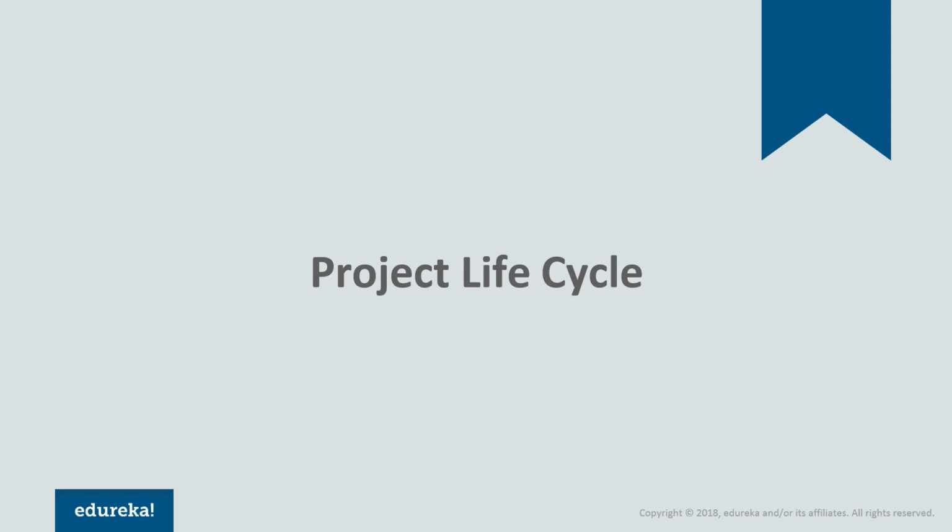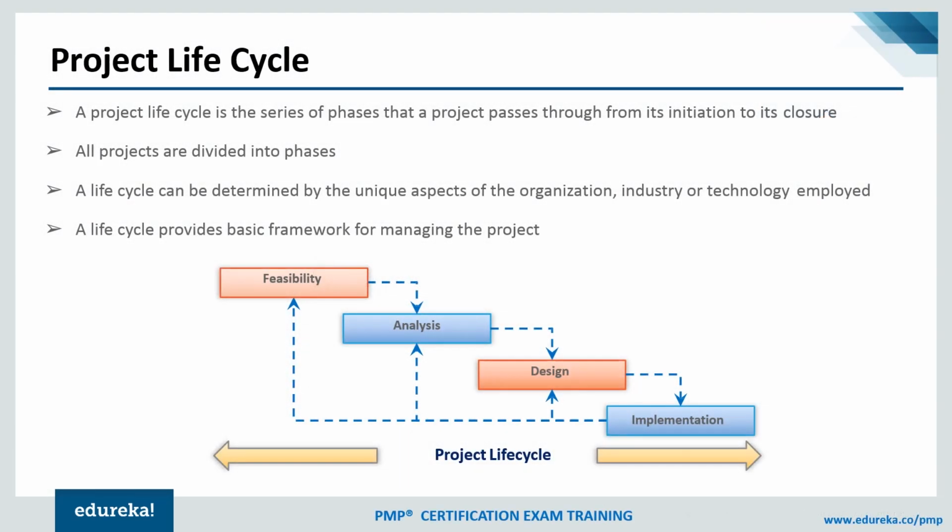Project lifecycle is a framework which connects all the phases through which a project undergoes. Every project has some phases, and there cannot be a project without any life cycle. All the projects are divided into phases, and we can very well relate this project life cycle to the human life cycle as well.